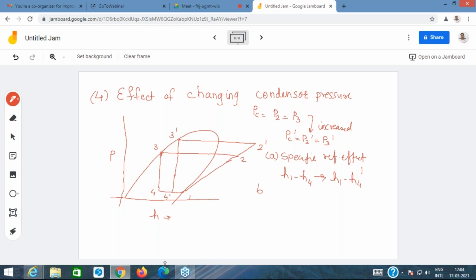Specific compressor work has increased, which is also not desirable. Look at the specific compressor work earlier. It was H2 minus H1, and now it has increased to H2 dash minus H1.